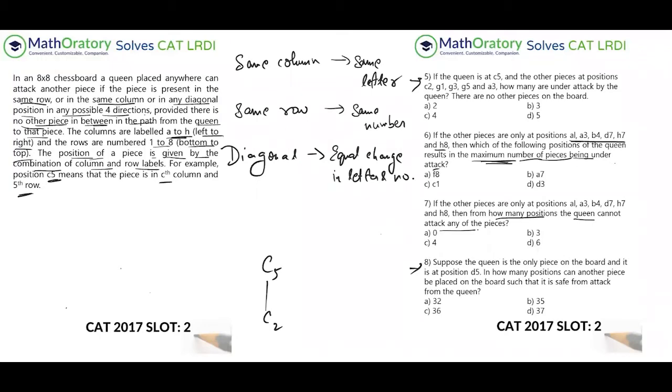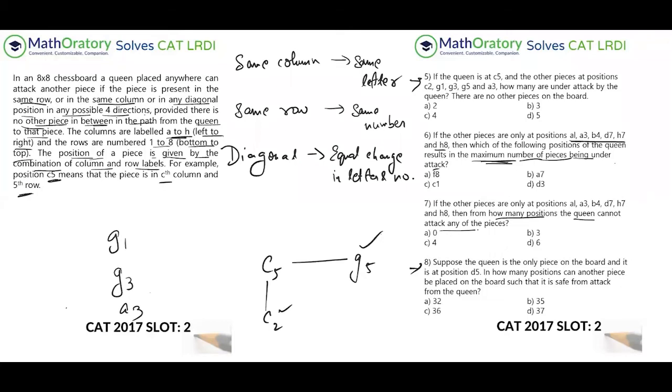It is definitely attacking G5 because it will be somewhere on the right of C5. What else do we have? We have G1, G3, and A3. These are not in the same row, neither in the same column. So G5 and C2 are definitely under attack.